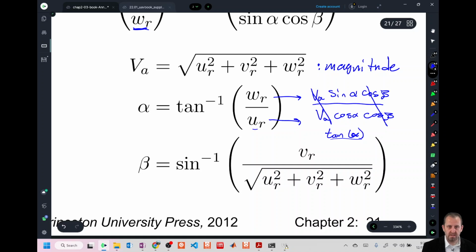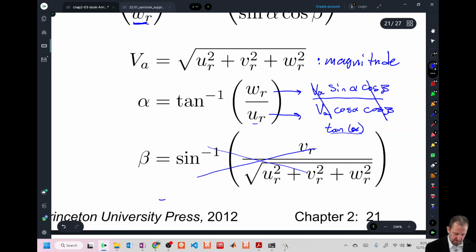One thing that's going to be helpful for us, and we won't use the previous relationship quite as much as this one: beta is equal to the inverse tangent of V sub R over the square root of U sub R squared plus V sub R squared.